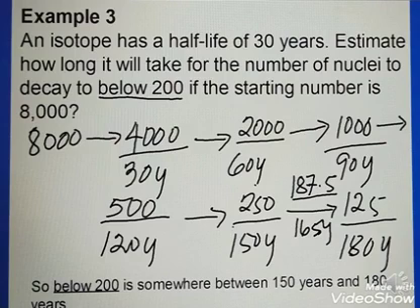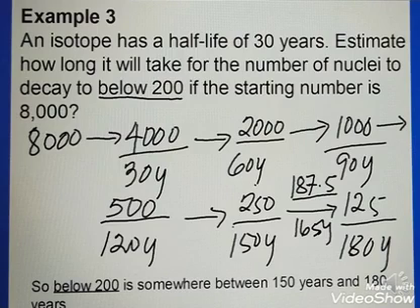Years pass by. The 30 years is doubled and becomes 60. The 4,000 falls to 2,000. As the process continues, 2,000 falls to 1,000, and that is after 90 years.